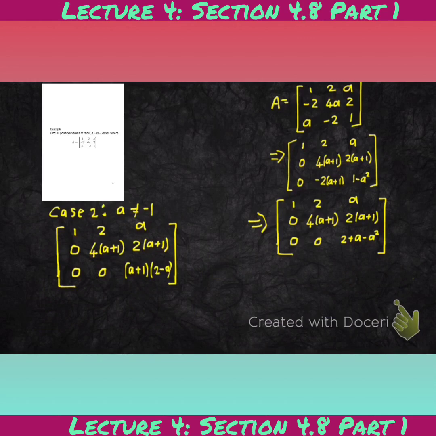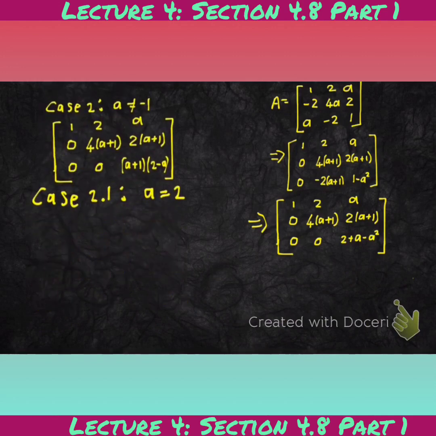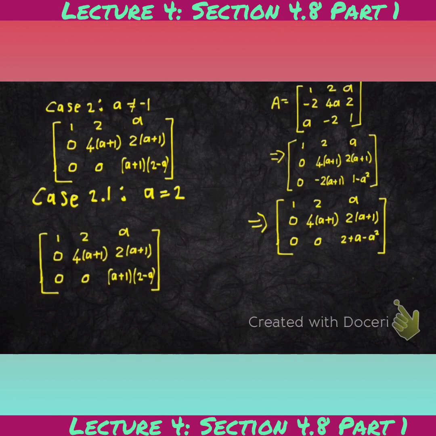Case 2.1 is the case where a is 2. Then our matrix becomes the following.